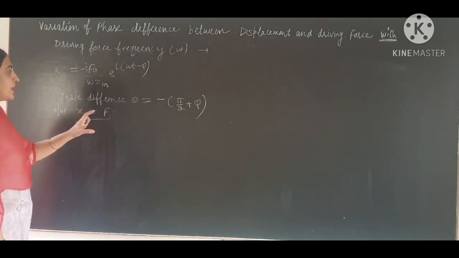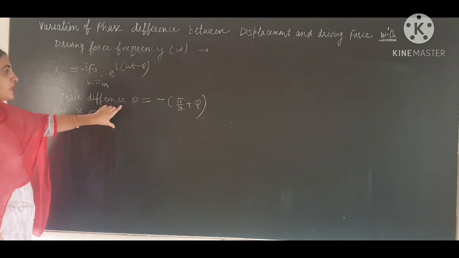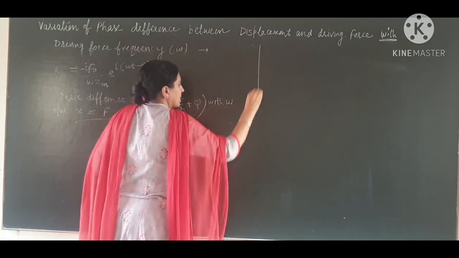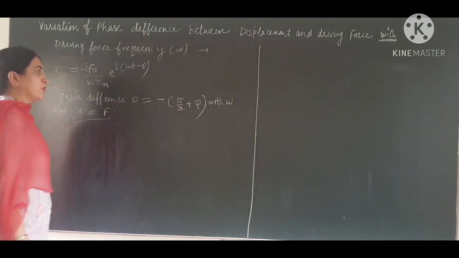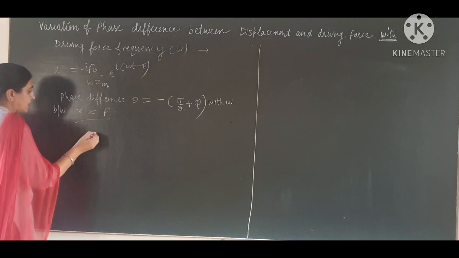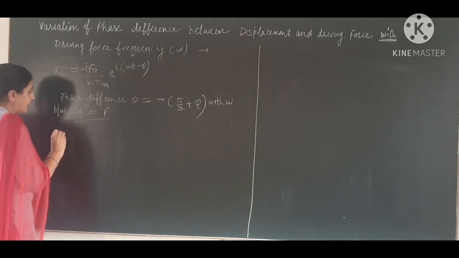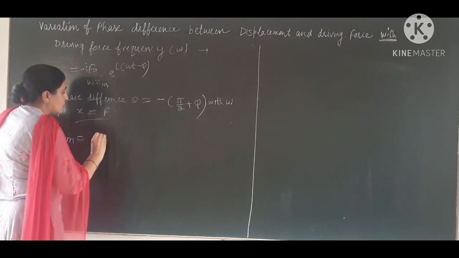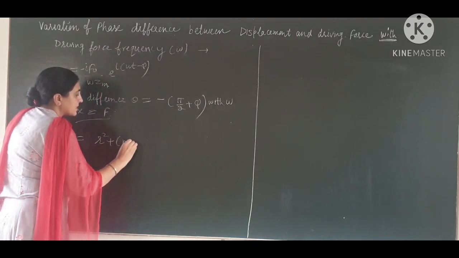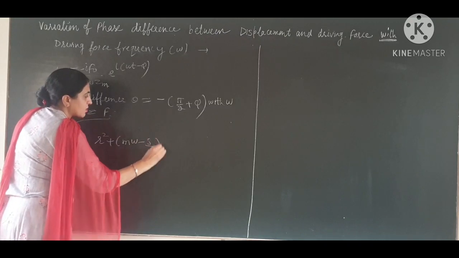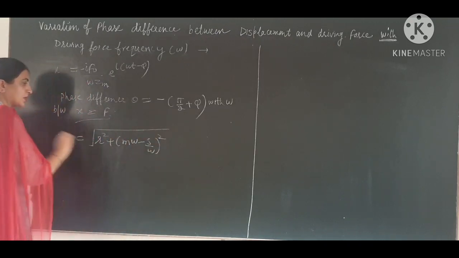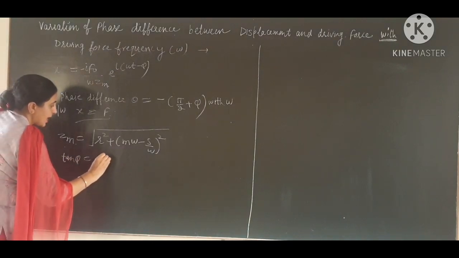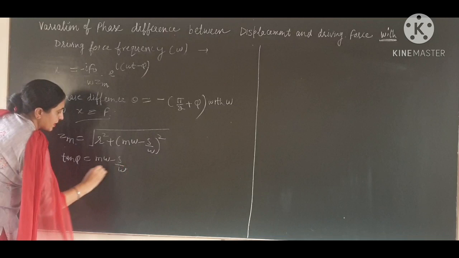Next we want to find the variation of theta with omega. We derived yesterday that Zm, the mechanical impedance, is equal to the square root of R square plus m omega minus s over omega, whole squared, and tan phi is equal to m omega minus s over omega over r.